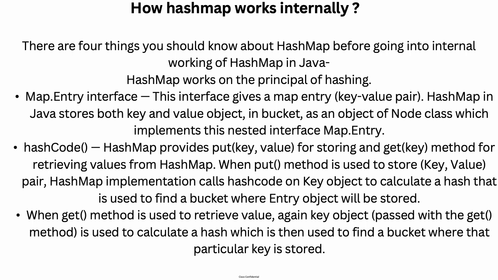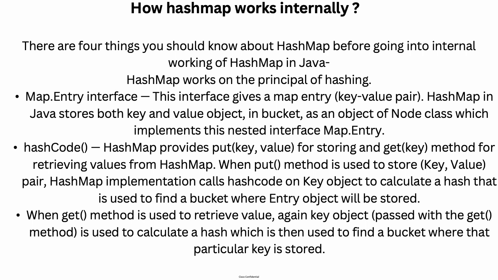There is a hashCode method. HashMap provides put for storing and get for retrieving values. When the put method is used to store a key-value pair, the HashMap implementation calls hashCode on that key object to calculate a hash that is used to find the bucket where the entry object will be stored.